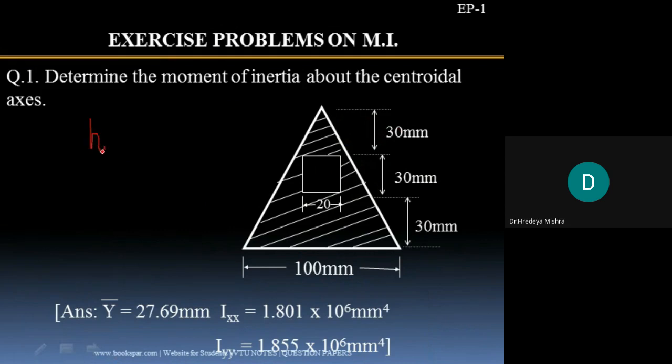The height of the triangle is 90, and the triangular width, denoted by B, is 100.